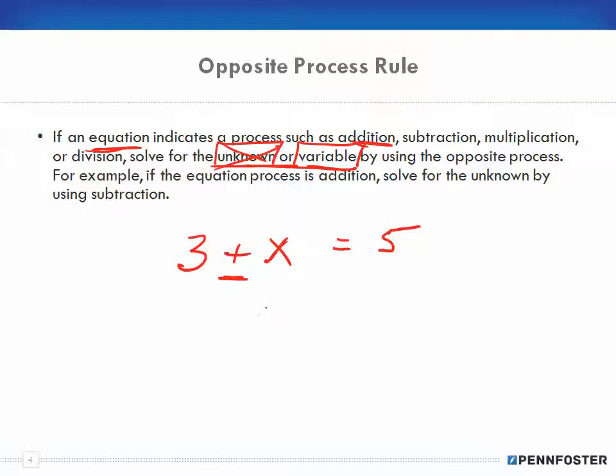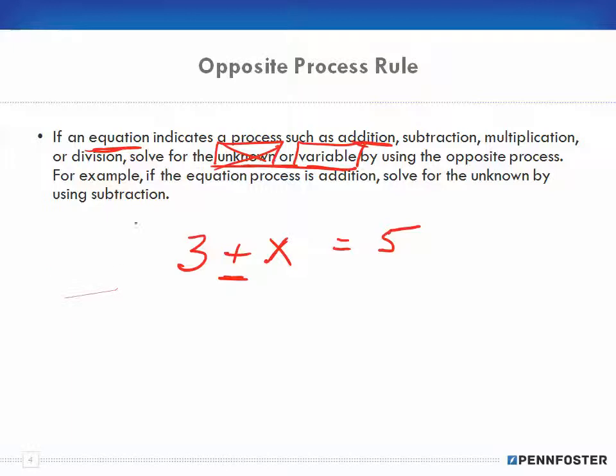I'm going to isolate the x on one side of the equation. Since I have a plus 3 here, I have to subtract 3, so I'm going to add the minus 3. Oops, I should have written that a little differently. Let's back up here a second.